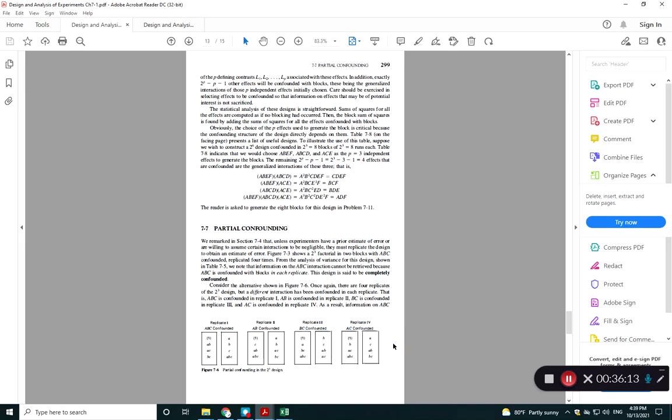So every replica you're using a different thing to separate them. This is called partial confounding, because here I confound one thing, here I confound another thing, here another, here another.